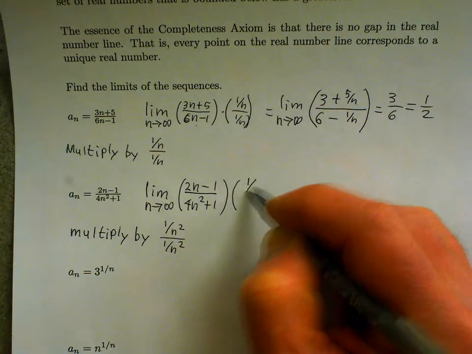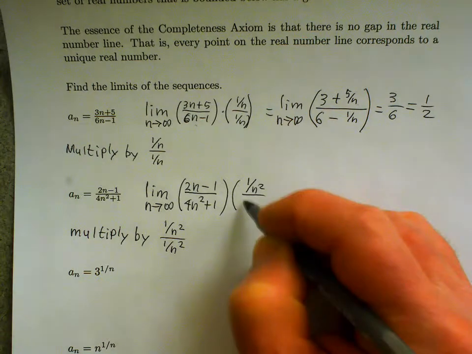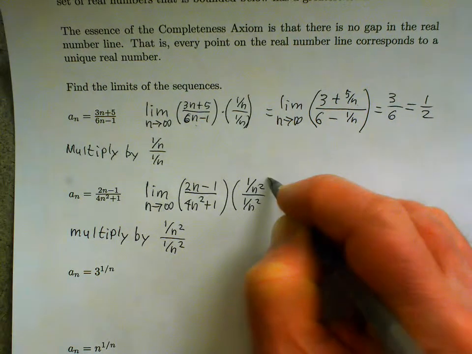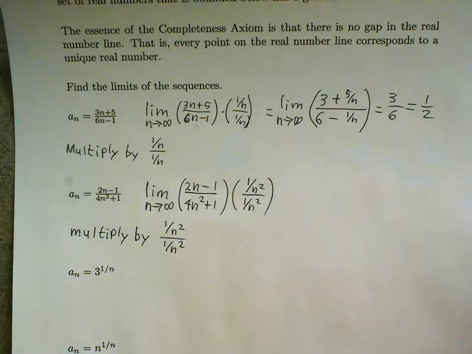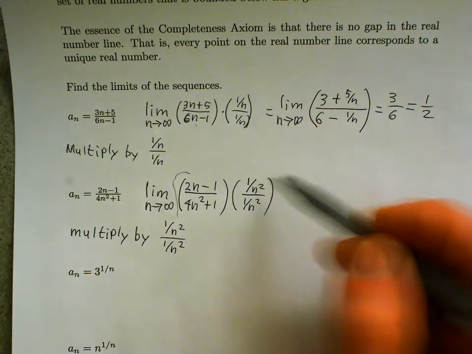We might be able to just get this into a more familiar setting. So we're multiplying 2n minus 1 over 4n squared plus 1 by 1.